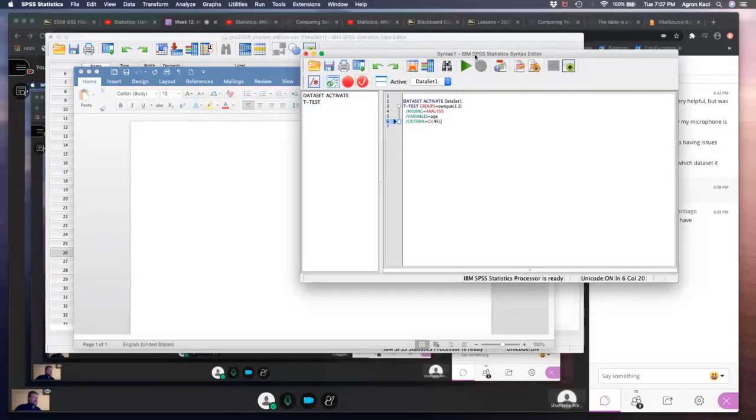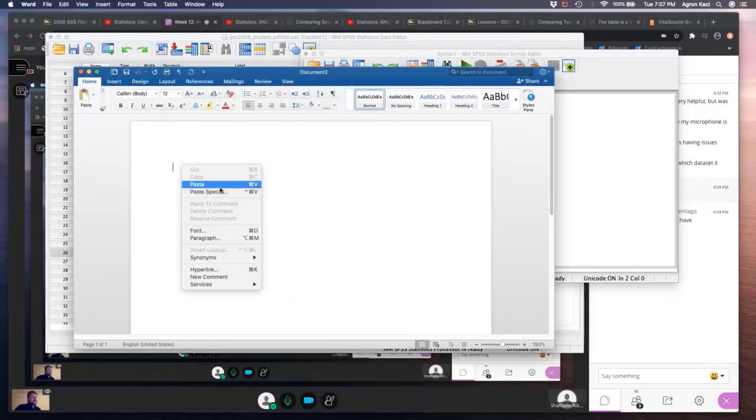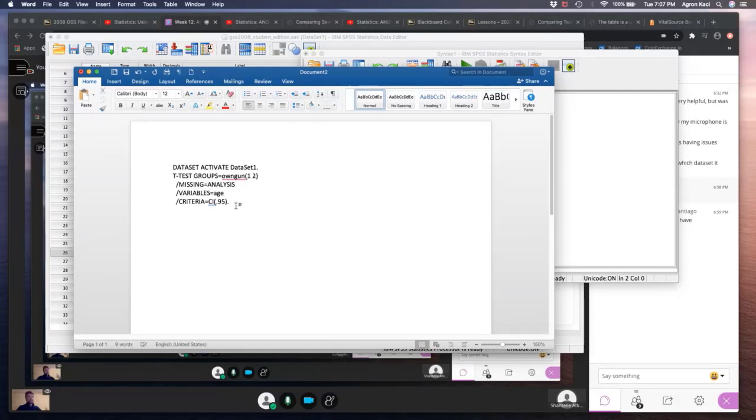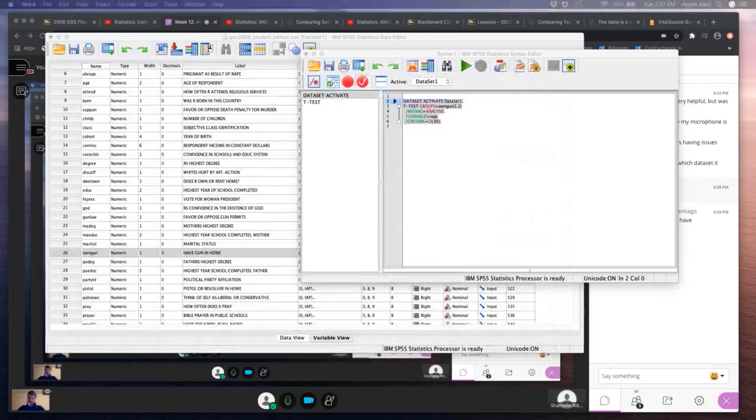Okay, and see the syntax opened up, and then you can copy this and paste it into your Word document, if I ask you to copy and paste the syntax. So that was just a little segue here.